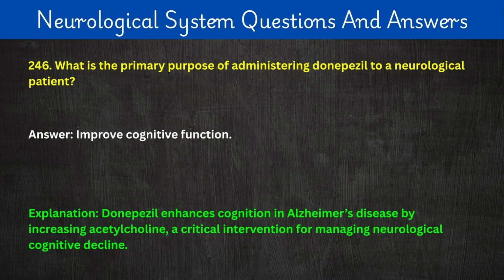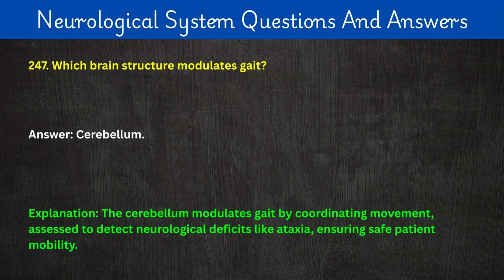Explanation: donepezil enhances cognition in Alzheimer's disease by increasing acetylcholine, a critical intervention for managing neurological cognitive decline. 247. Which brain structure modulates gait? Answer: cerebellum. Explanation: the cerebellum modulates gait by coordinating movement, assessed to detect neurological deficits like ataxia, ensuring safe patient mobility.